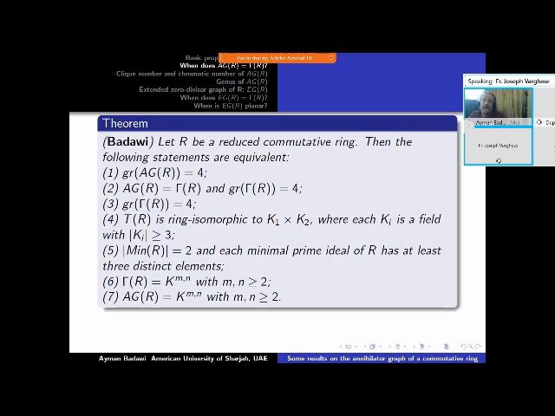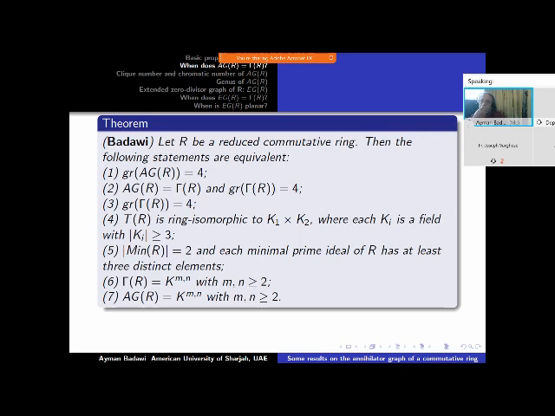All right, thank you. So if the ring is reduced, then the following are equivalent. The girth of the annihilatory graph is 4. Then I know the annihilatory graph is equal to the zero divisor graph, and the girth of the zero divisor graph is 4.